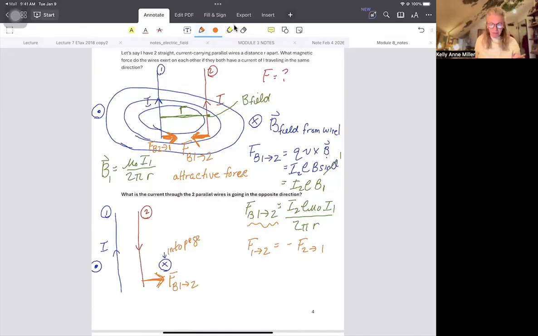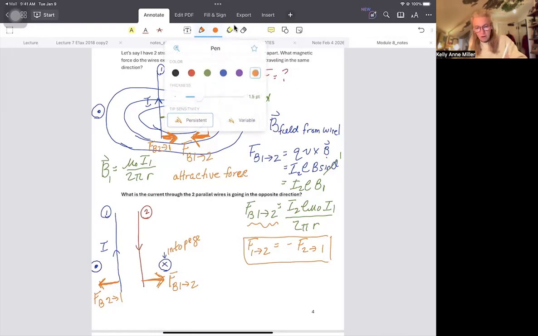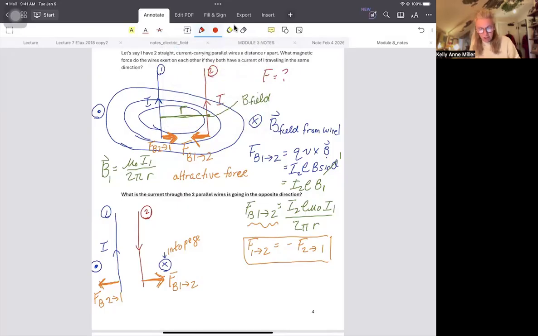I don't have to rely on this to know that the magnetic force of wire 2 on wire 1 is going to be pointing equal and opposite. I could also look at wire 1 from the perspective of the magnetic field from wire 2, basically the reverse of what I just did. What is the magnetic field from wire 2?